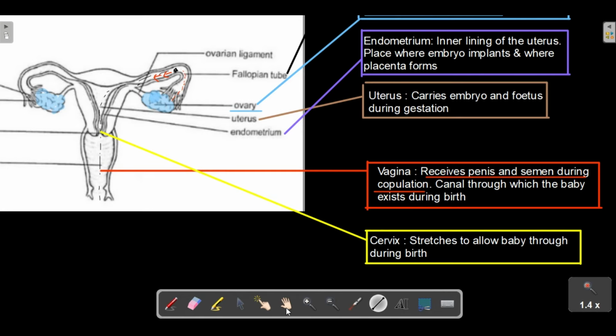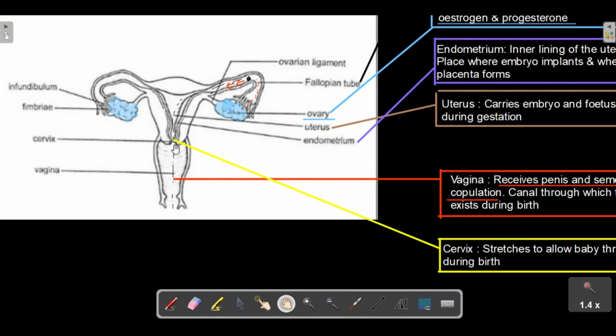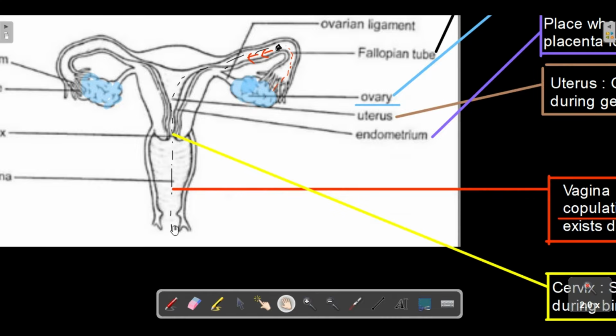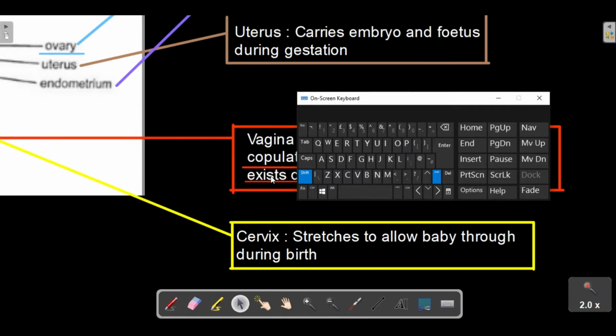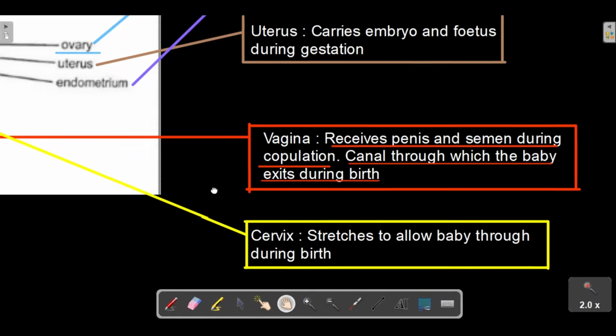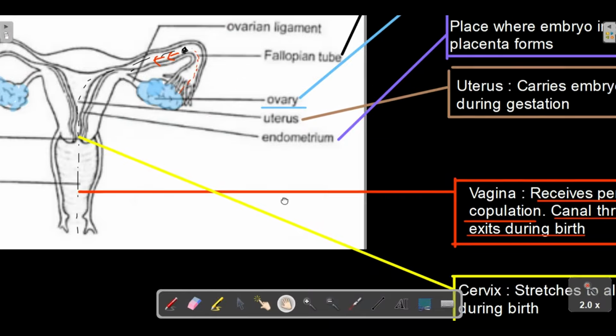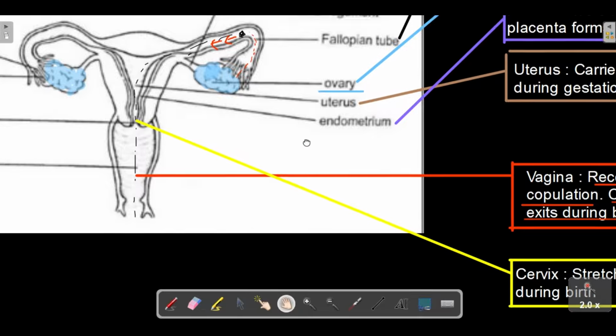Another function is that it is the canal, the path through which the baby is born. So the baby will be born through the vagina. That's what we mean by a canal through which the baby exits during birth.